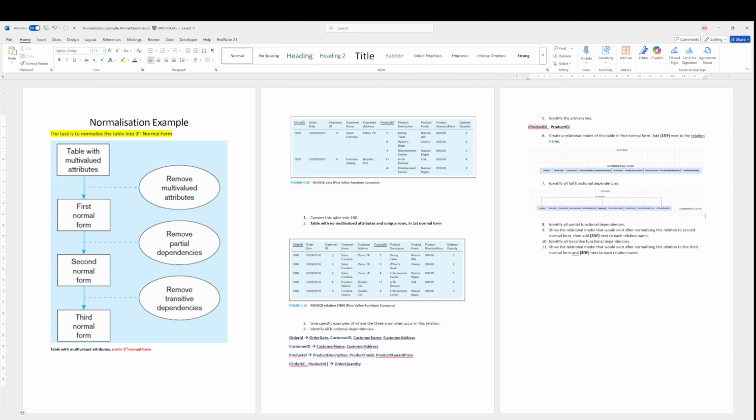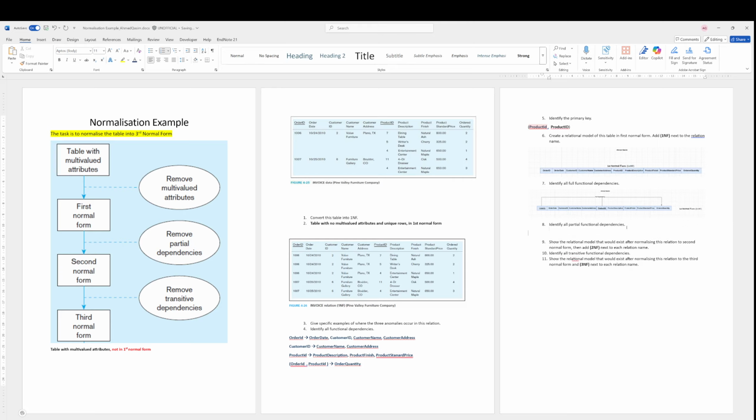So what does that mean? An attribute determined by the order ID alone, an attribute determined by product ID alone. So we need to map this now.